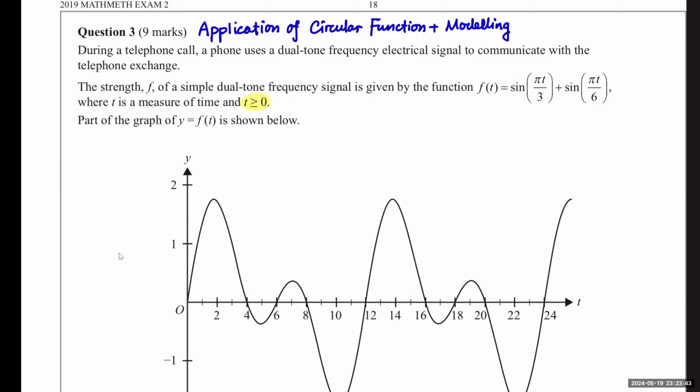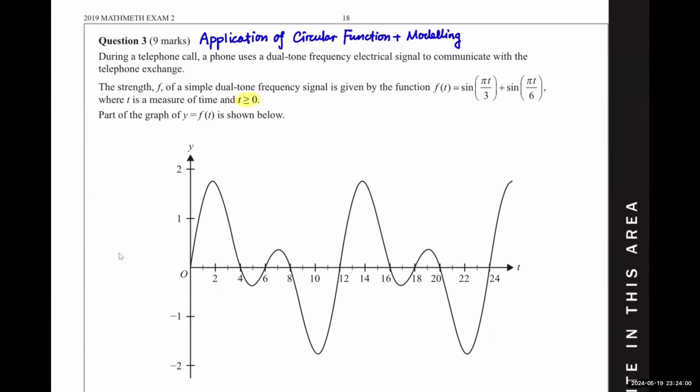The strength f of a simple duotone frequency signal is given by the function f of t equals sine pi t over 3 plus sine pi t over 6, where t is a measure of time and t is greater than or equal to 0. Part of the graph of y equals f of t is shown below.